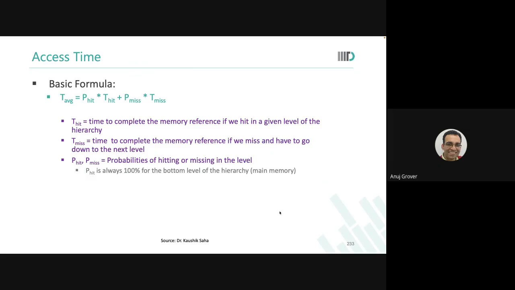And probability of miss times the time to get it from the main memory, if there is no L3 cache. Otherwise, if there is an L3 cache, then the time to get it from the L3 cache, and then the same principle applies on the L3 cache. So it's a recursive algorithm. Recursive, you understand?